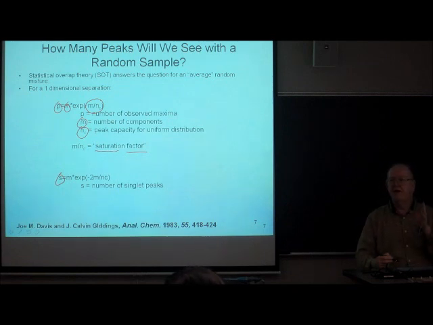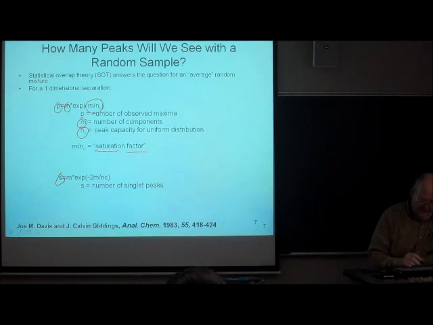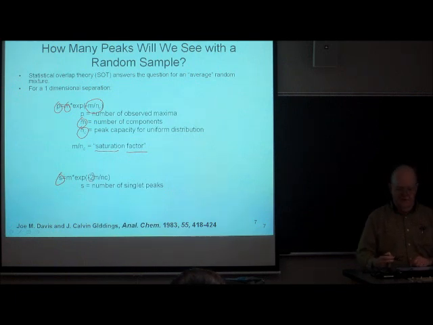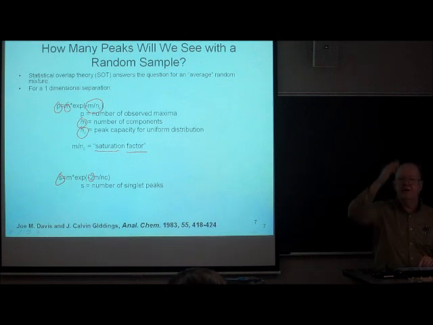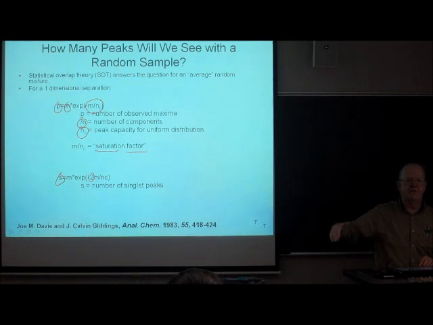These peaks are analytically useful because they're pure components. And the only difference between the equation for p and the equation for singlets is a factor of 2 in front of the saturation factor. Because of that 2, the number of singlets decreases much more rapidly than the total number of peaks that you see.